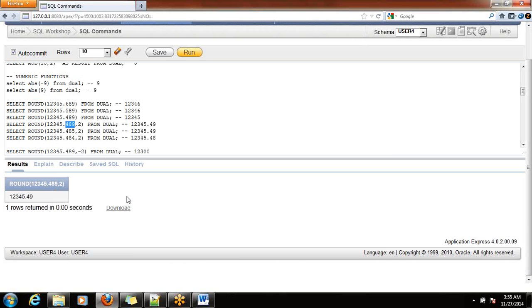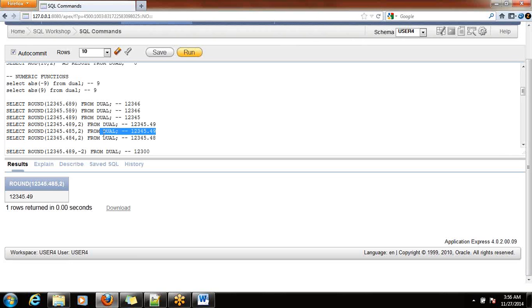If that 9 is greater than 5, then 8 will become 9. Now here I deliberately gave 5 as the third digit, so it is giving 4, 9, because 5 and greater than 5 rounds up. And decimal places 2.